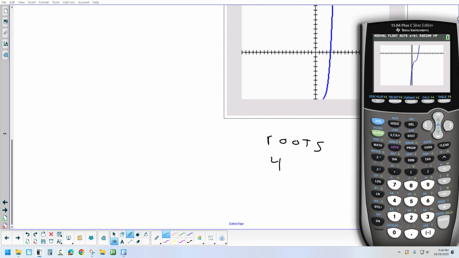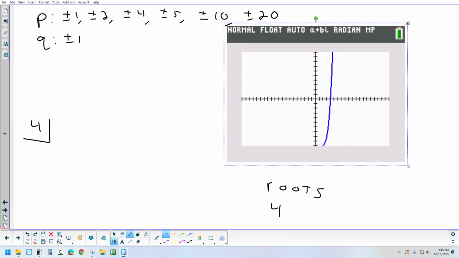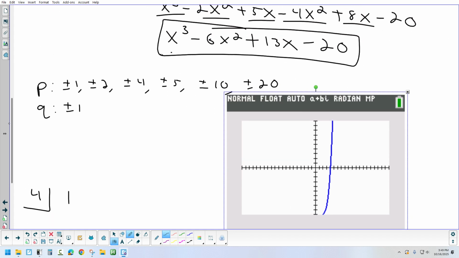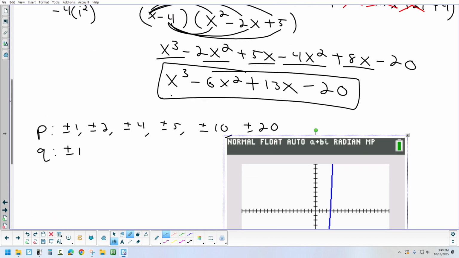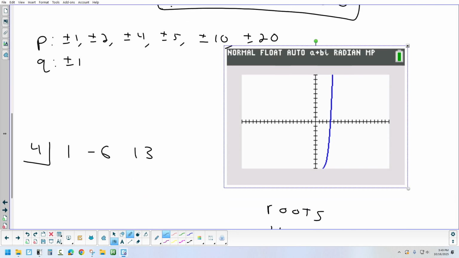So I've got that cubic. What do I do now with the 4? To turn the cubic into a quadratic, we're going to do synthetic division. Put the 4 on the outside. Put your cubic down. We got 1, -6, 13, and -20.